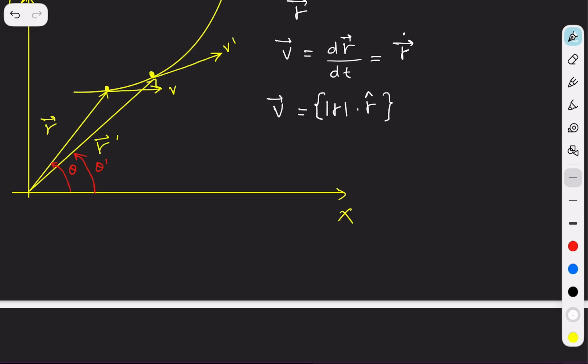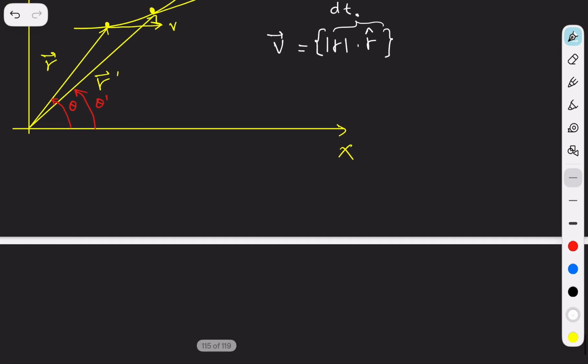So there are two variables which are time dependent, which are changing with time. So we have to apply the product rule if we want to do it. This whole thing, we have to put a dot on.